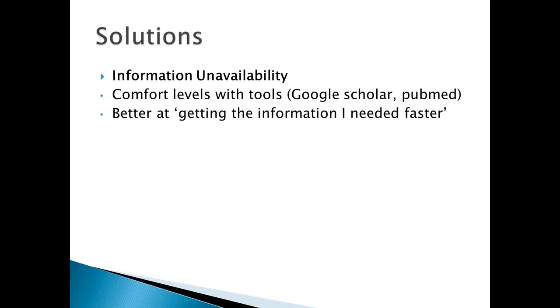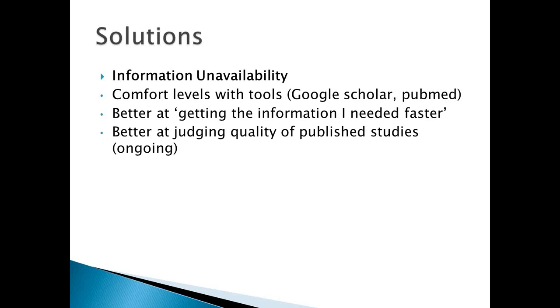As time went on, I got to be better at getting the information that I needed faster, right? So that's just a matter of keeping at it, learning how to refine your search terms, for example. I also got to be better at judging the quality of published studies, and that is something that is ongoing.